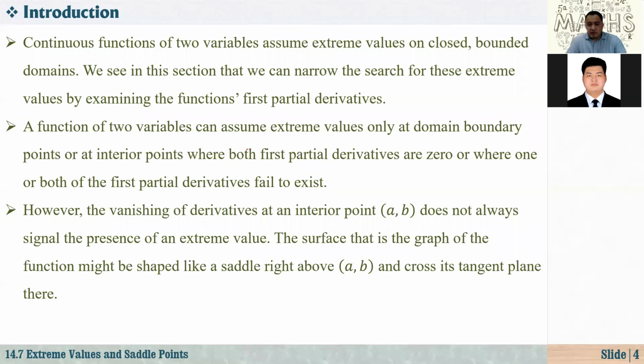A function of two variables can assume extreme values only at domain boundary points, or at interior points where both first partial derivatives are 0, or where one or both of the first partial derivatives fail to exist. It's very similar to a function of a single variable over a closed interval.